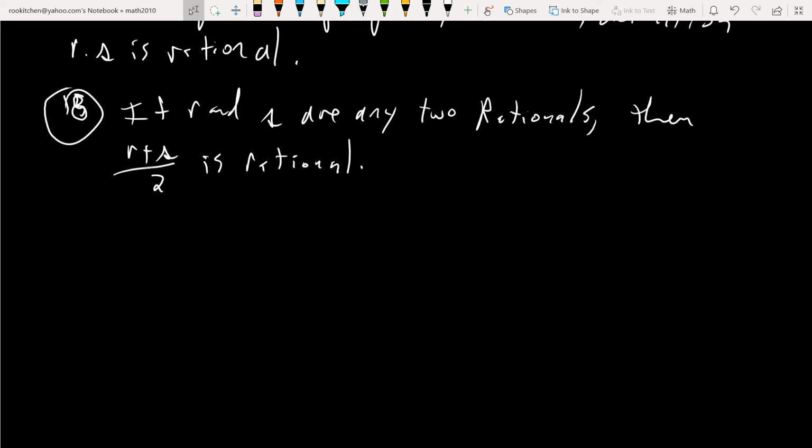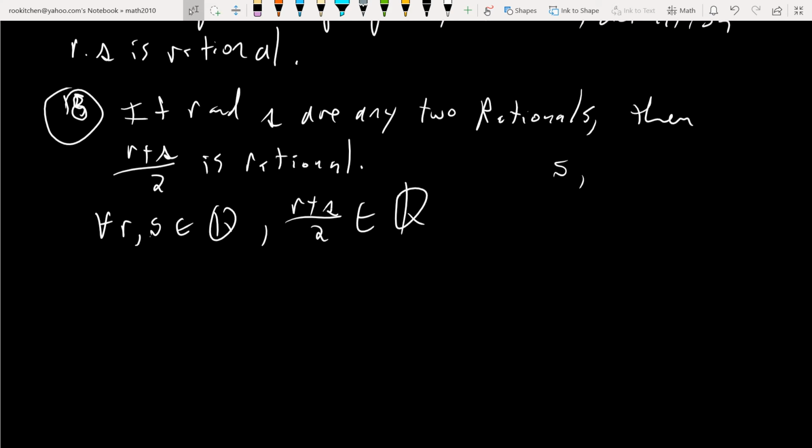Okay, so first put it into formal notation: for all R, S in the rationals, (R plus S) all over 2 is also in the rationals. I apologize, I sometimes write S's like this, but I also write the cursive form. Both of them are supposed to be the same. Sorry about that.